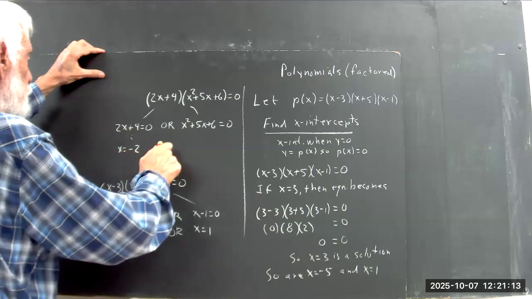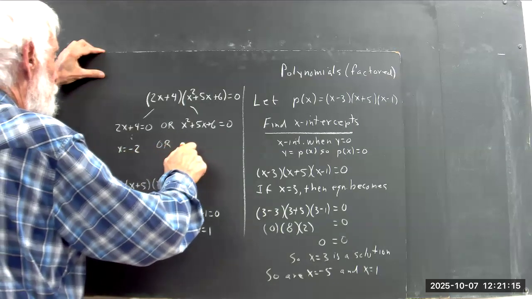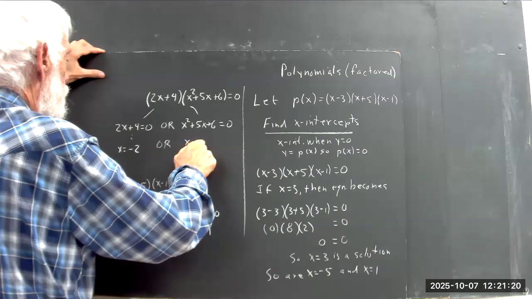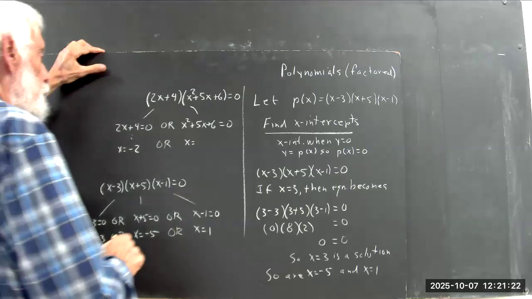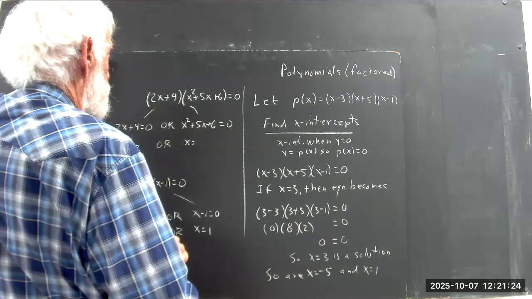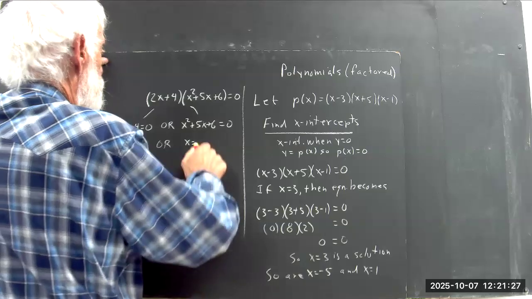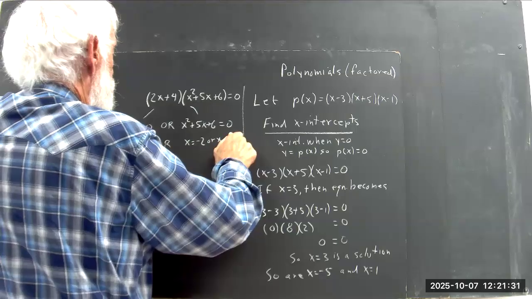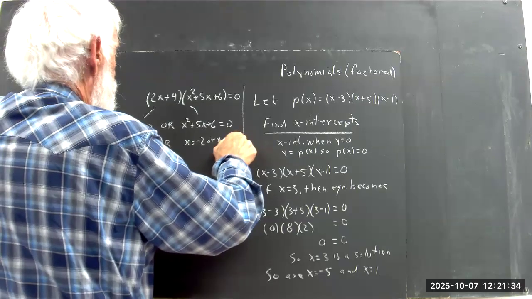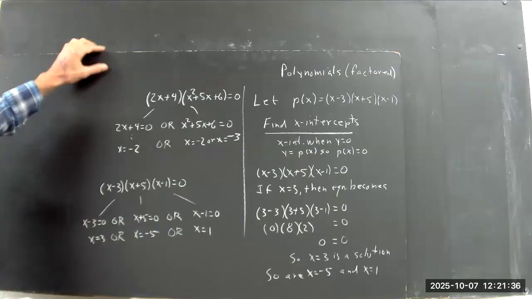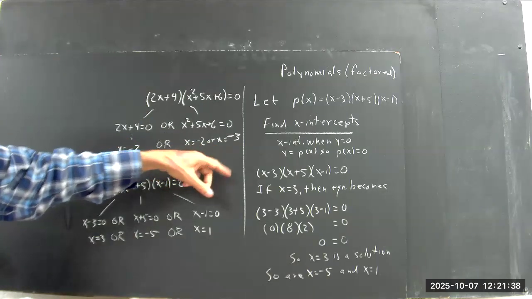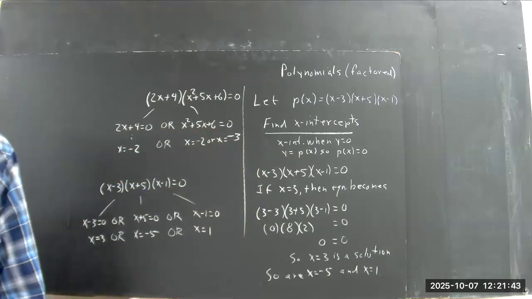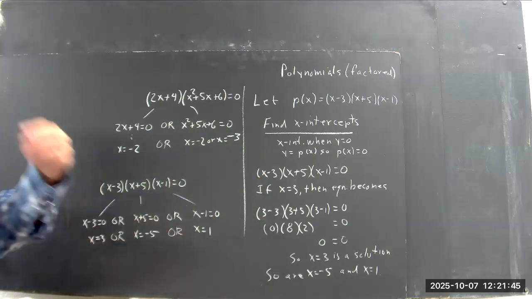You get x equals -2 here, or x equals -2 or -3. Now, that's a quadratic equation. You can solve that. You would get x equals -2 or x equals -3.